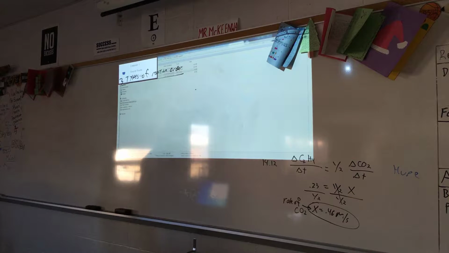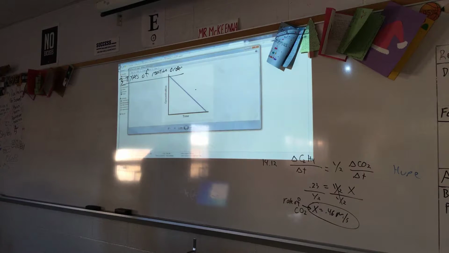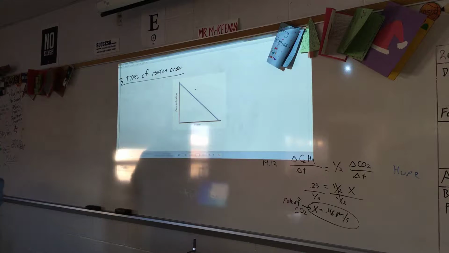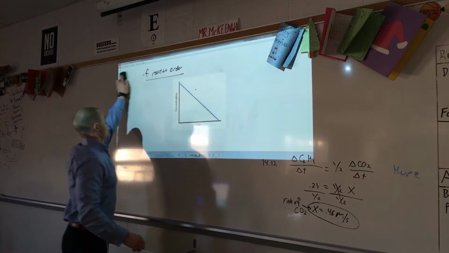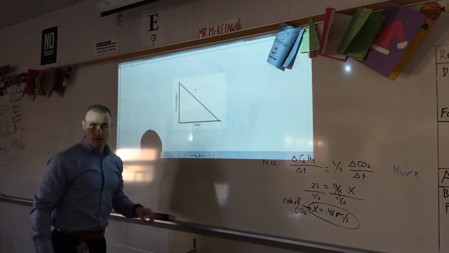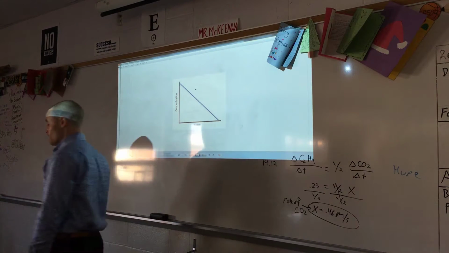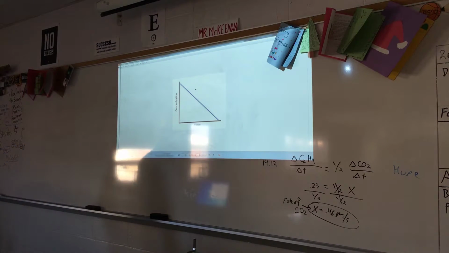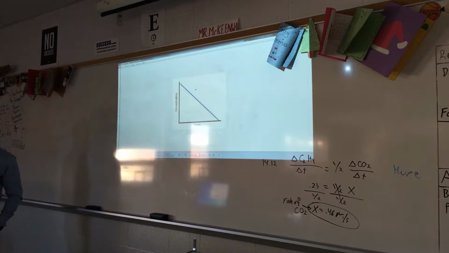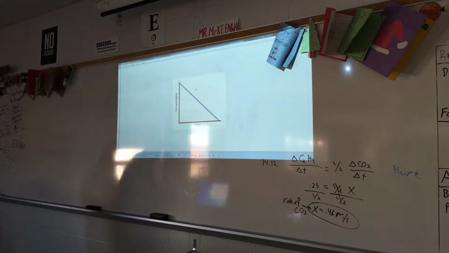Go to the kinetics section. All right, so here is the first order graph. Zero, sorry. Here's your zero order, concentration versus time. I'll zoom in a little bit.